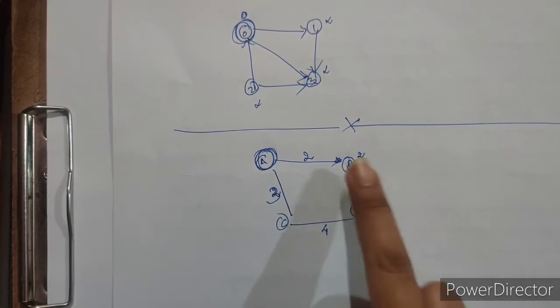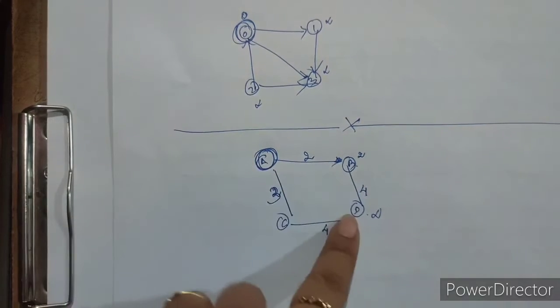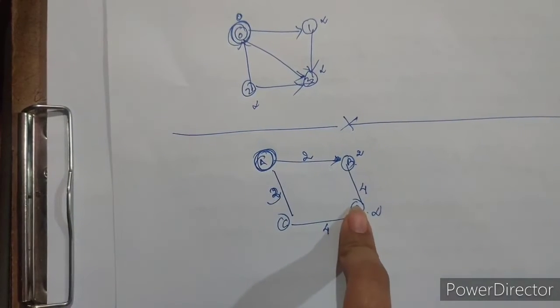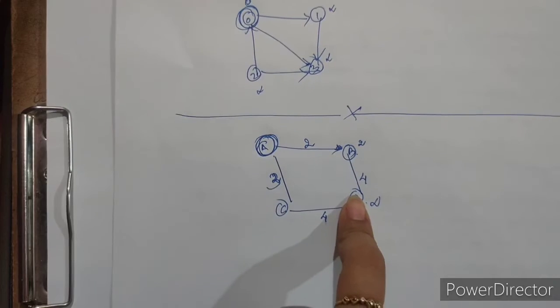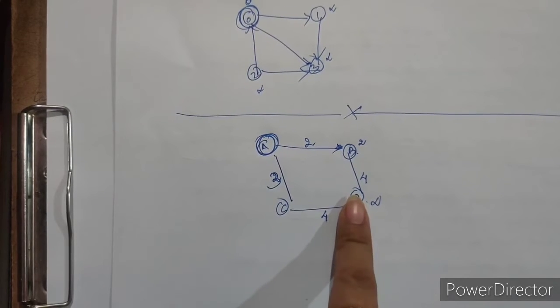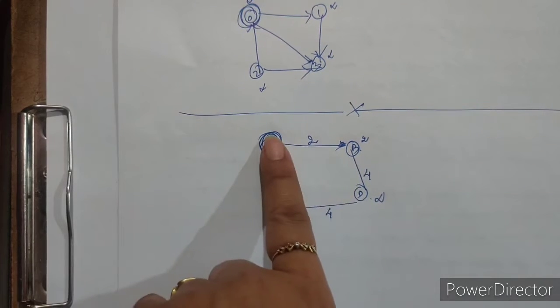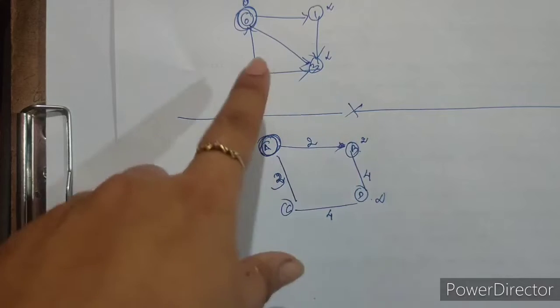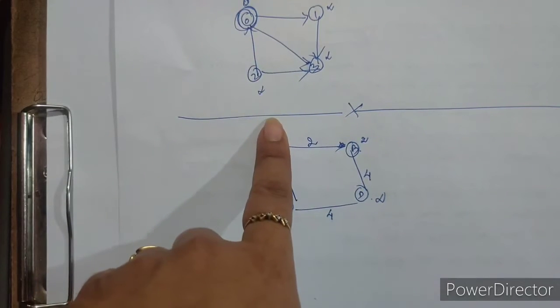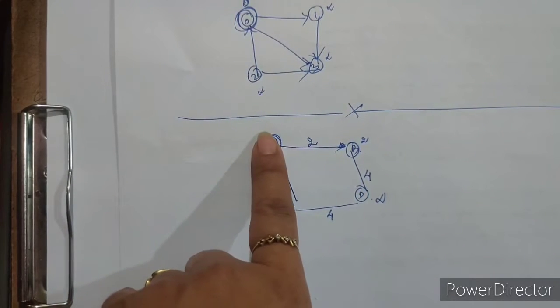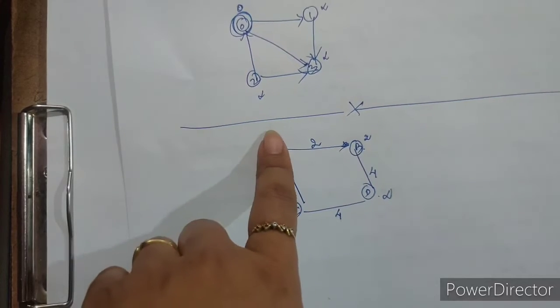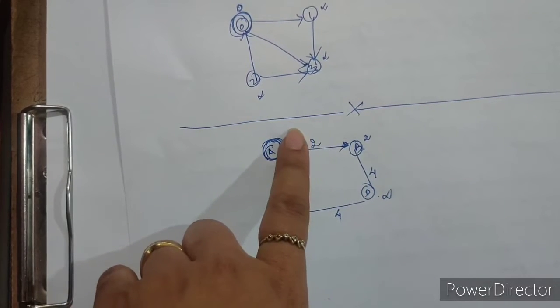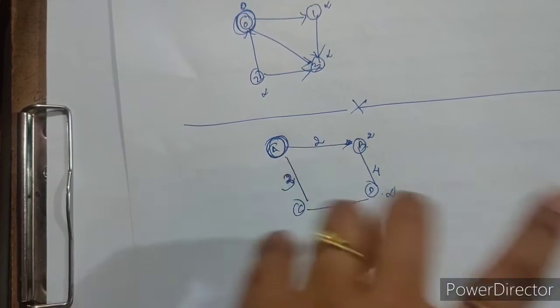From B, is there any shortest path to reach D? So Dijkstra's algorithm will select the shortest path, and from that shortest path, check any other vertex.